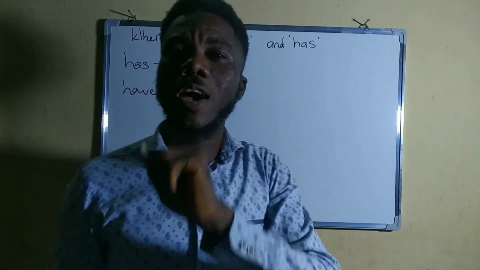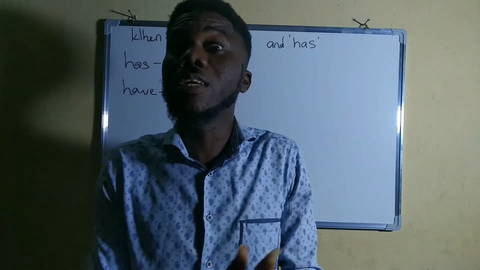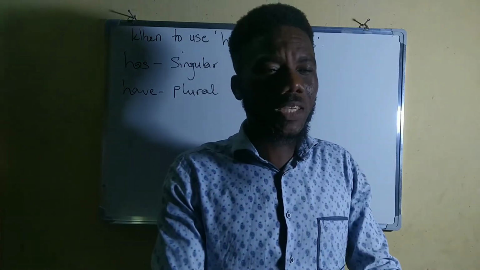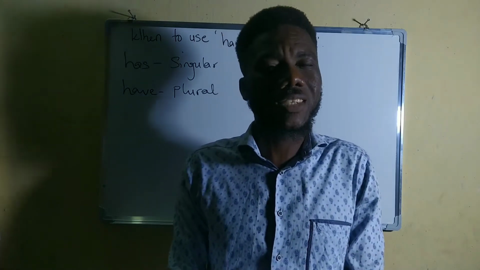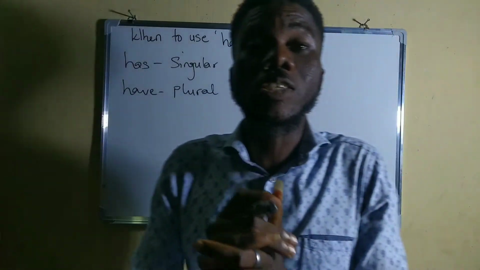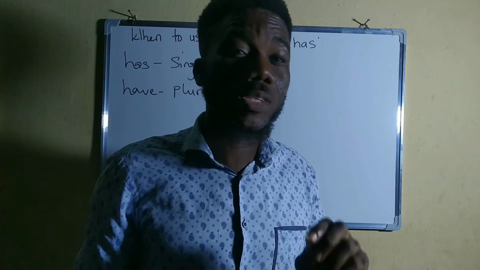You make use of has whenever the subject of the sentence that you are making is singular. Whenever the subject, that is to say, that particular element of the sentence that you are talking about, is singular, then you have to choose has, because has is the singular aspect of these auxiliary verbs to have.